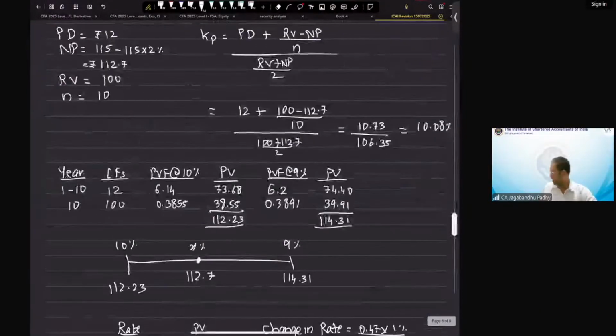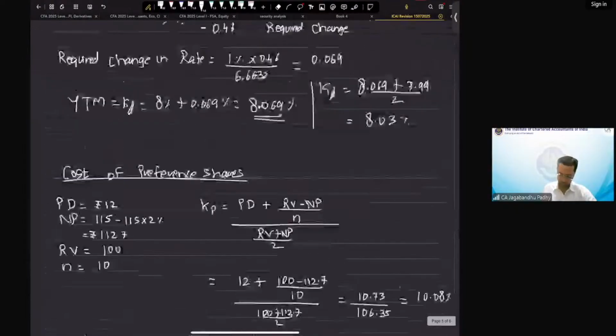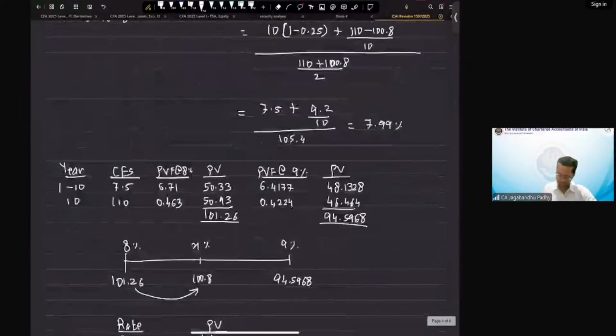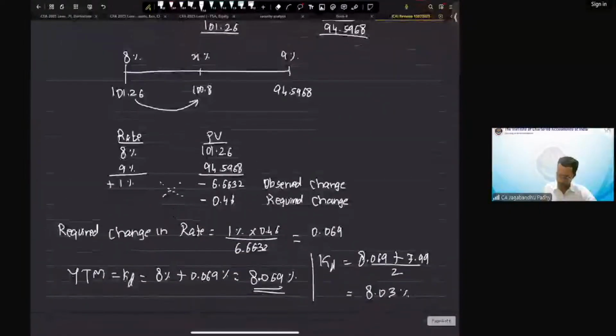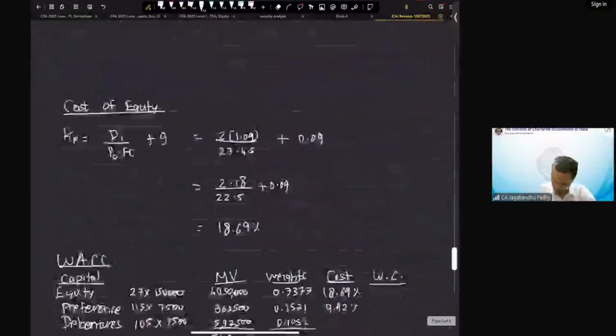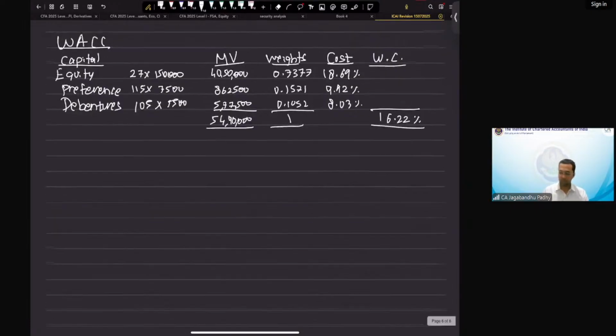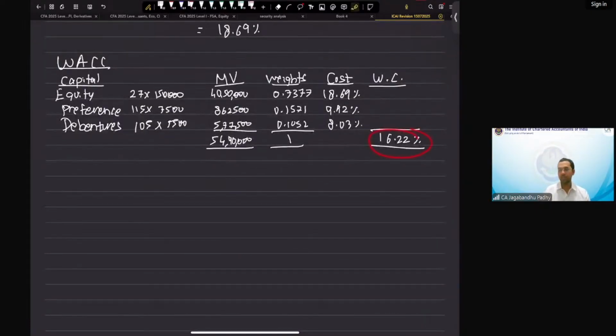And cost of debentures, we've got the cost of debentures to be 8.03%. And when you do the weighted average of the weights and the cost, get the answer as 16.22%. Weighted average cost of capital stands as 16.22%.